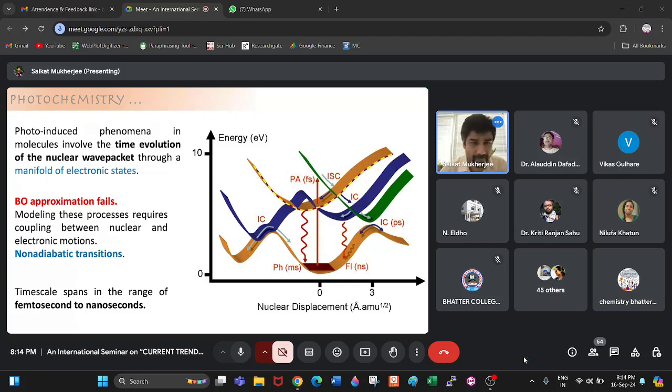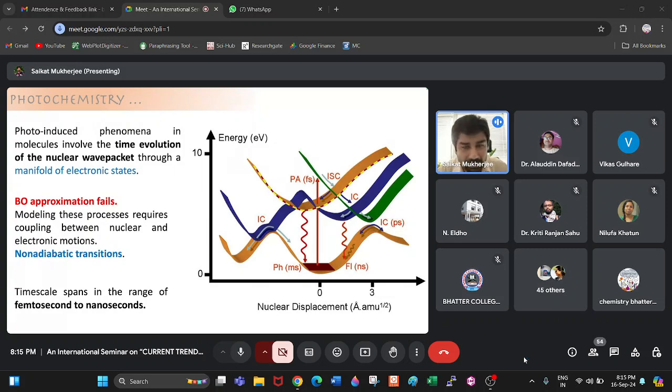via phosphorescence. So when we try to simulate this, we are trying to model the time evolution of the nuclear wave packet through a manifold of electronic states. And as you can understand, now your favorite Born-Oppenheimer approximation that you read in your master's textbook is failing, because now you cannot decouple your electronic and nuclear motion.